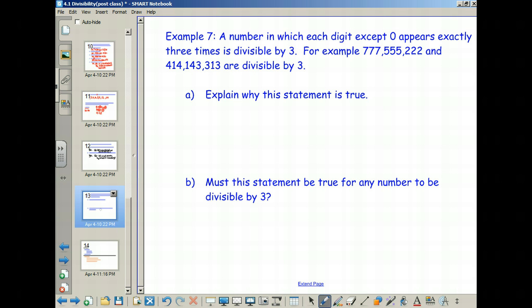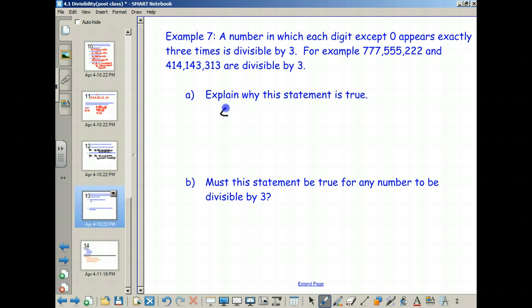Any ideas? Yes, that is along the right idea for it. So let's take into consideration what was our divisibility rule for 3? Do you remember? Add them all up and then they're divisible. Okay, so let's just take the second one and add them all up.